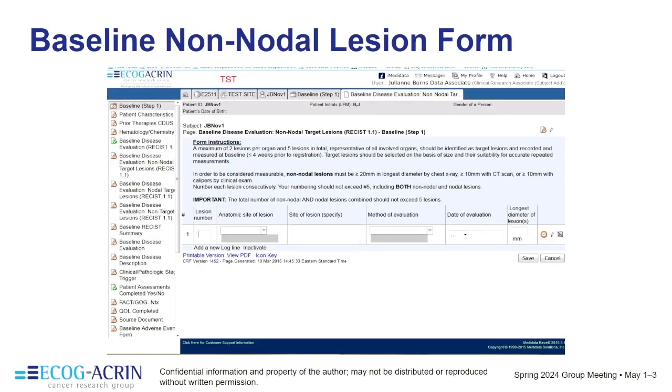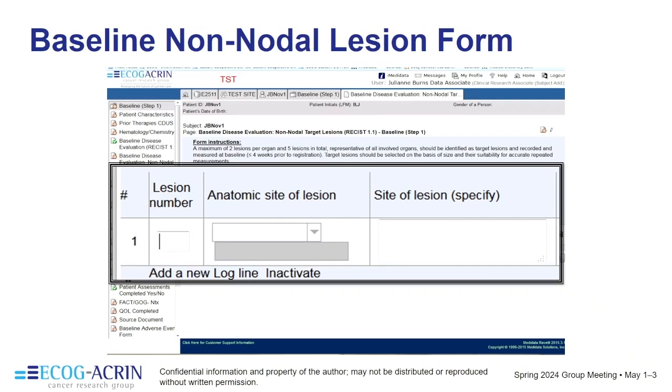So the baseline non-nodal lesion form looks like this. In CDISC studies, there's going to be pretty detailed form instructions, similar to the data we just reviewed. So it's going to go over the fact that you should only have 2 lesions per site, and the specific measurements for target lesions.